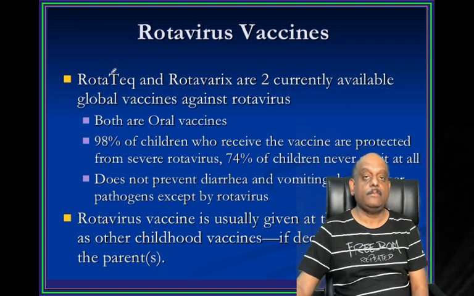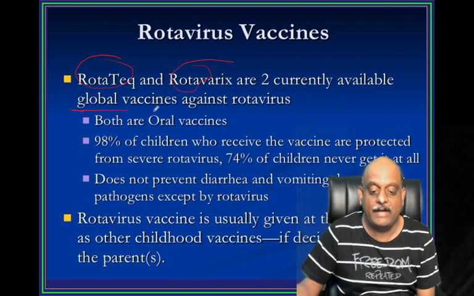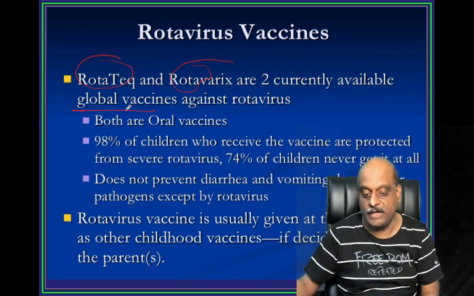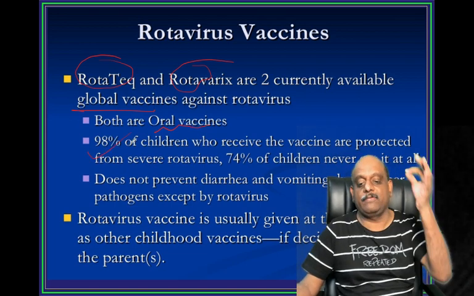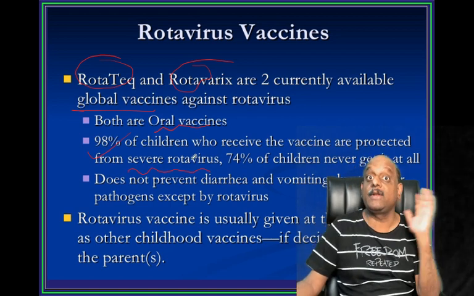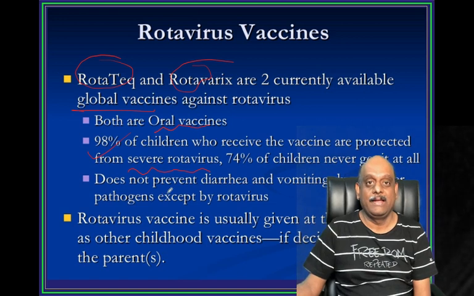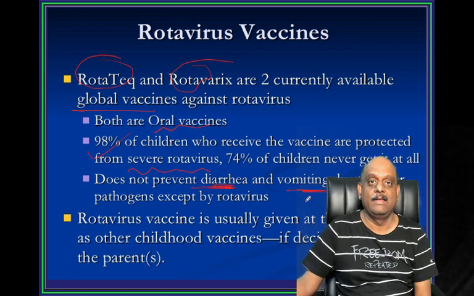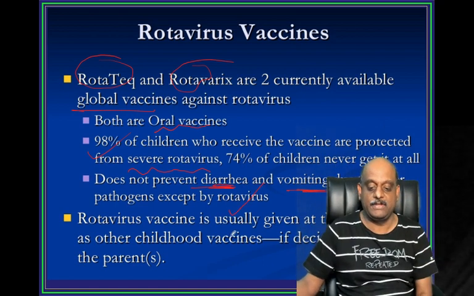Now doctor, Rotatec and Rotarix are the two currently available global vaccines. Both are oral vaccines. That's the point. 98% of the children who receive the vaccine are protected from severe rotavirus. It is some good news you can tell the parent. Though it does not prevent the diarrhea and vomiting due to any other pathogen, it will help only in rotavirus, obviously.